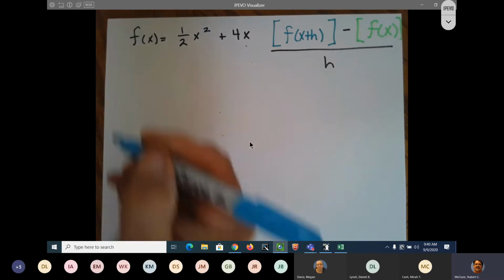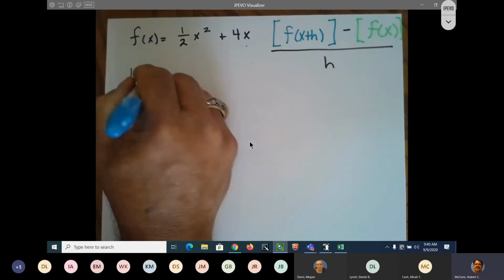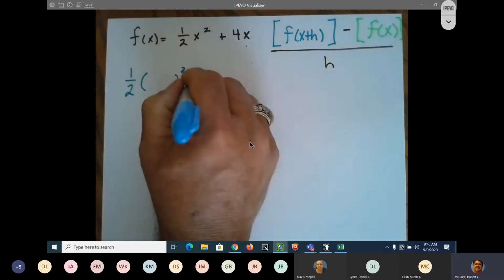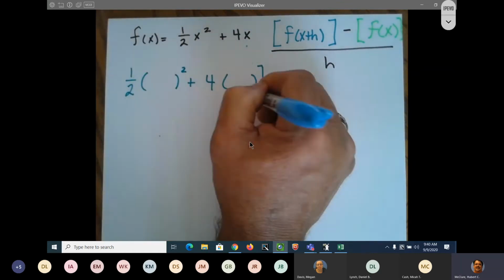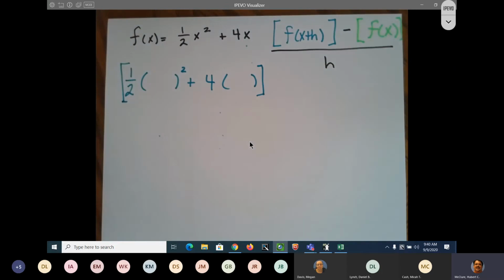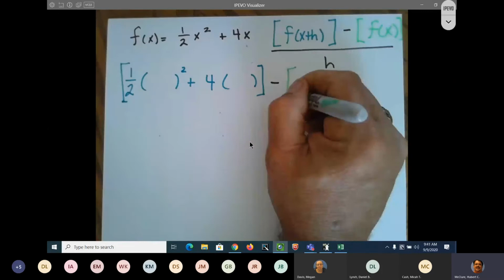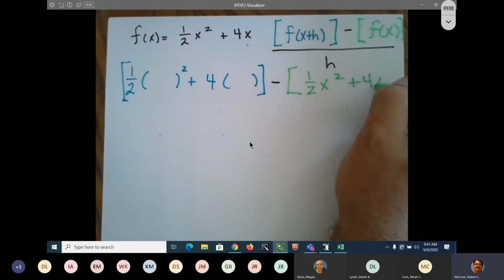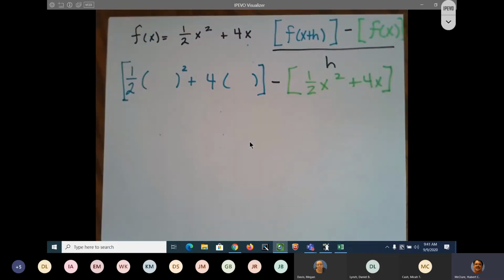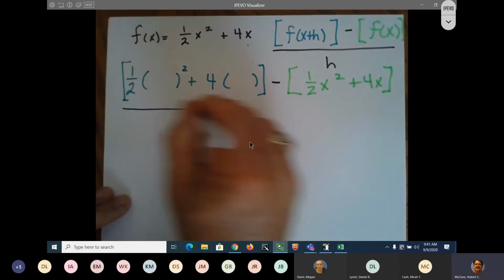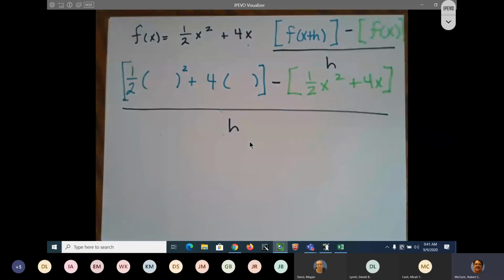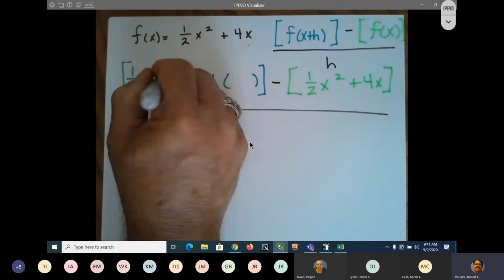I'm going to rewrite 1/2 (x+h) squared plus 4 times (x+h) minus f of x, and all you have to do is rewrite f of x, divided by h. I'm going to give you another minute or two, and x plus h goes right there.